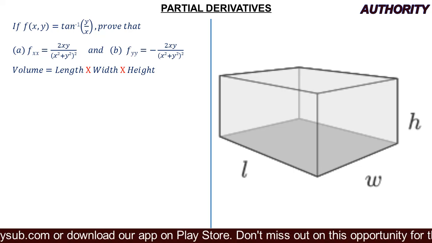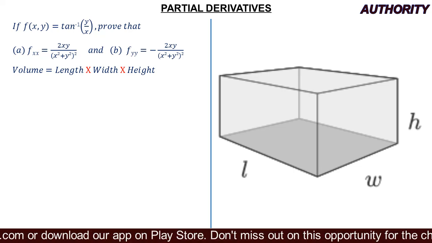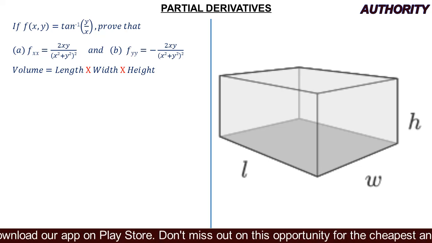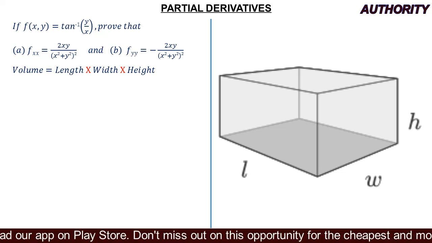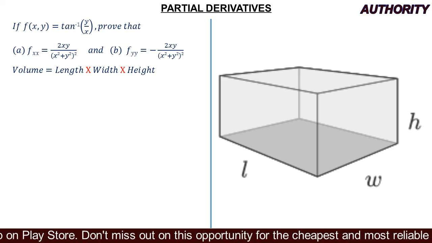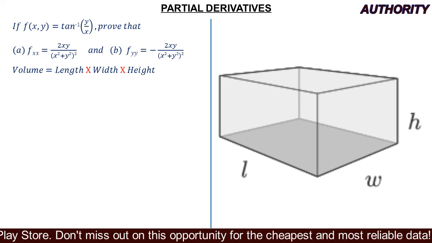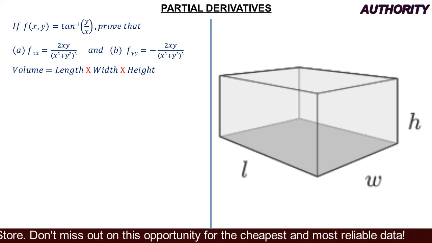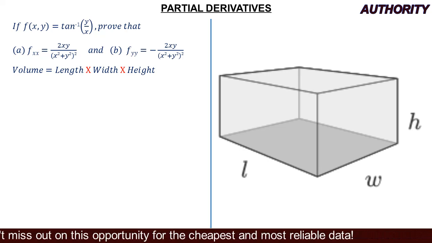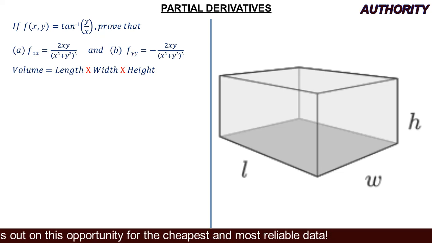So when we are talking about partial derivative, partial changes, the rate of change, it is partial, is when these factors, the length, the width, and the height, when one of them changes and the other two remain constant or remain the same, there will be a partial change on the V, which is the volume.